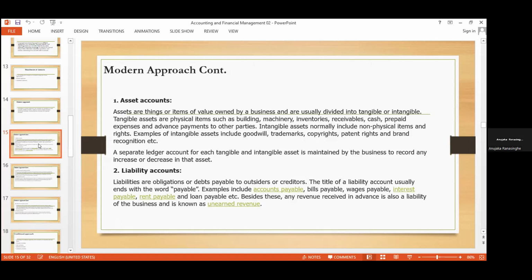Prepare separate assets accounts, tangible and intangible, but mainly prepare tangible and intangible assets in the main assets account. Are you clear? Tangible and intangible. Some parts are complicated here. Excuse me, are you clear with that?